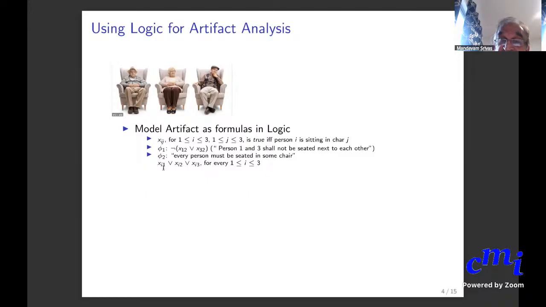By modeling it as a logical disjunction, it is true even when xi1 and xi2, or actually all three of them, are true. What does it mean for all three of them?